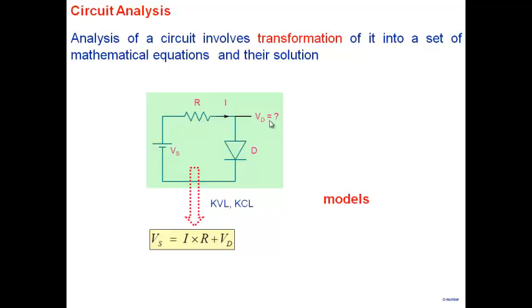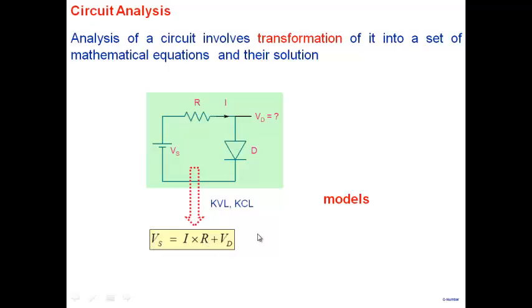If I were to be very general, application of KVL would have given me Vs equal to VR, the voltage drop across the resistor, plus the voltage drop across the diode. So a more general description would have been Vs equal to VR plus Vd.